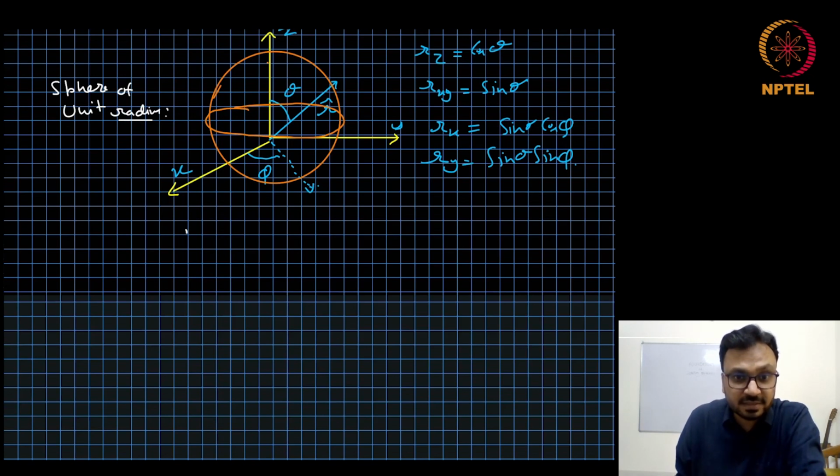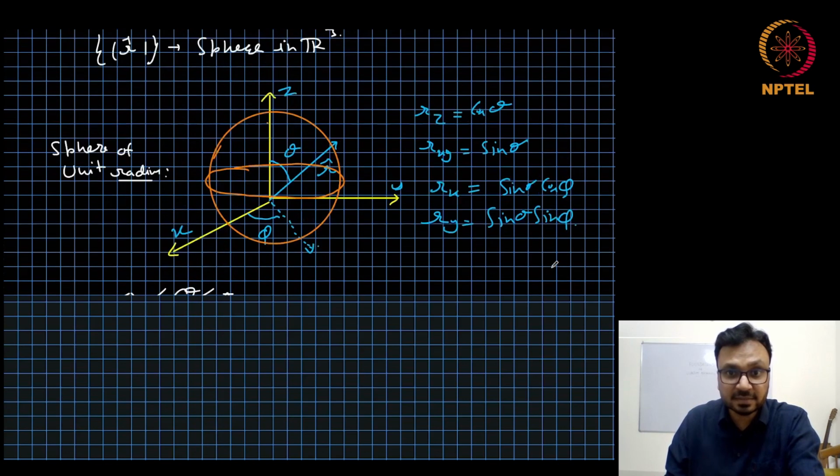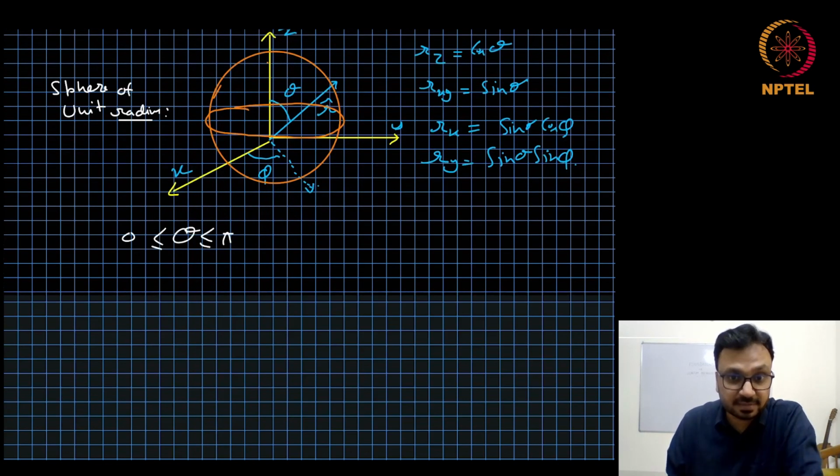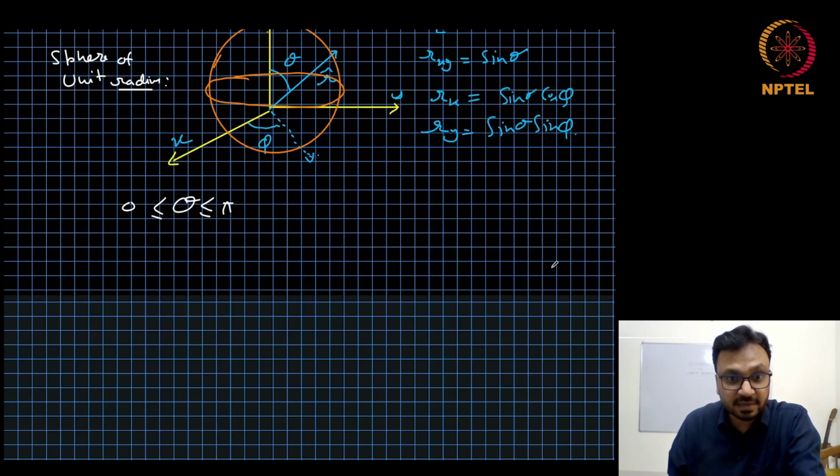Here you can see that theta goes from 0 to pi, meaning the R vector can be along the z-axis, or opposite to the z-axis, so minus z-axis. Theta is allowed between 0 and pi, but phi can take any value between 0 and 2 pi.